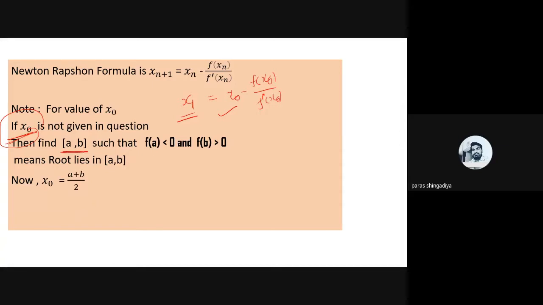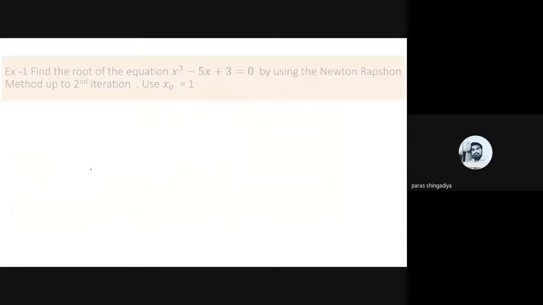First find the interval a, b where f of a is negative and f of b is positive, and then consider x0 as the average value, that is a plus b by 2. We already know how to check f of a and f of b. If it is negative we consider that as a, if it is positive we consider it as b, and then we find the average, which will be our x0.